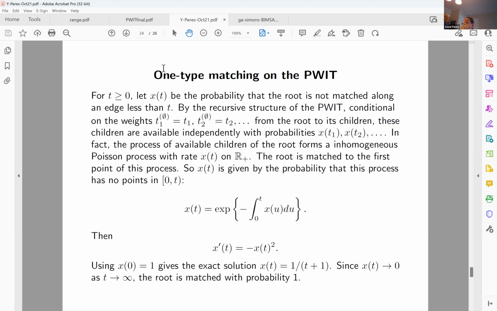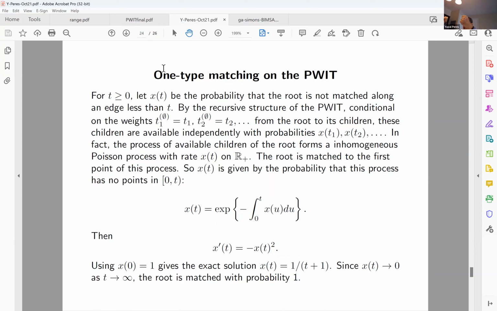Remember, that means that it is not matched within its subtree better than its distance to the root. So the probability that the first child, 1, is available to the origin, if their distance is t1, is exactly x of t1.